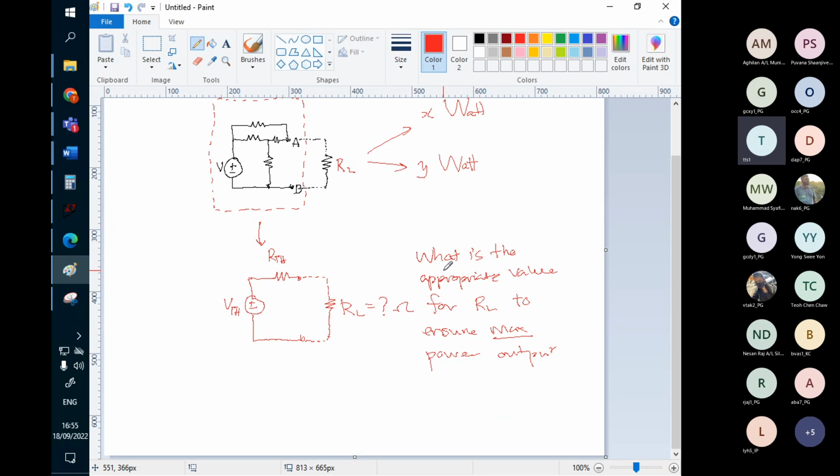So the answer is very simple. If RL is equal to RTH, then you can achieve the maximum transfer. Then we call it P out of RL is going to be maximum.